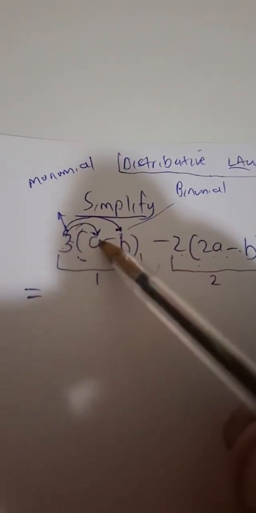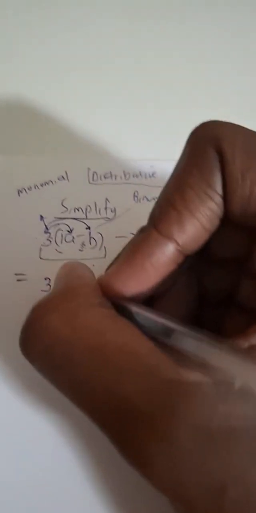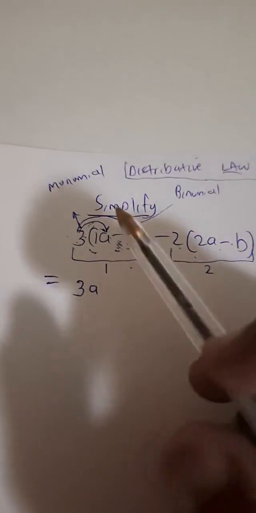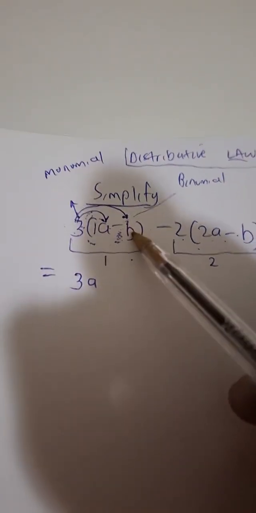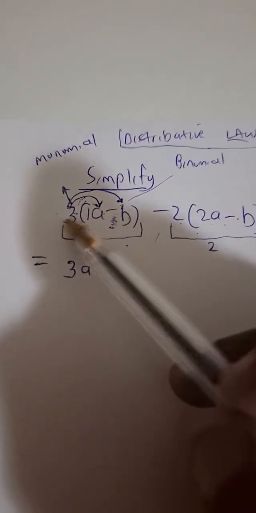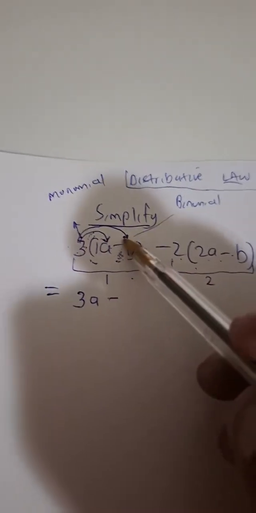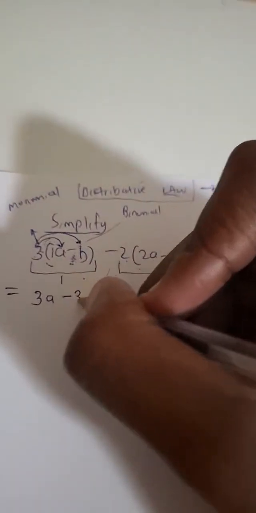3 times a: we start positive times a positive, positive. 3 times 1, 3. The a combined with the 3 gives you 3a. 3 times negative b: positive times a negative, negative. 3 times, there's a coefficient of 1, 3.